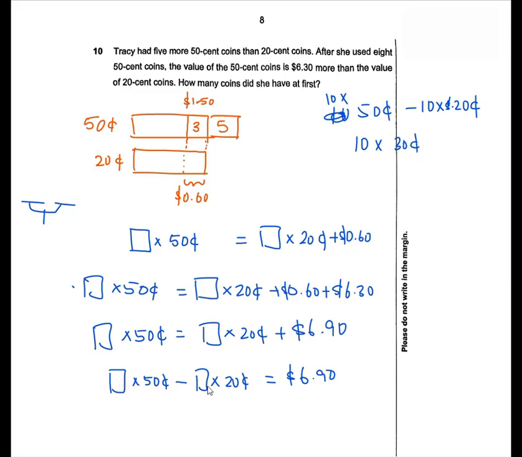So that is what is going to happen here. Whatever this unknown number is, times 30 cents is equal to 690. And this unknown value will be 690 divided by 30 cents or 0.30.